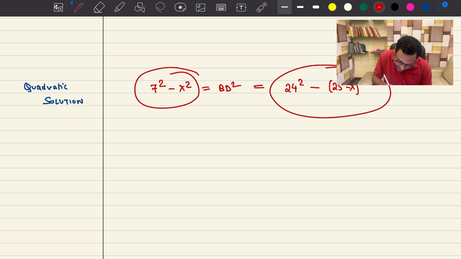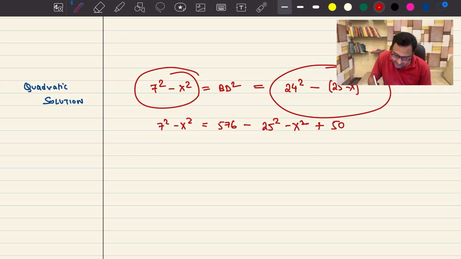So we have 7 square minus x square is equal to 576 minus 25 square minus x square plus 50x. So I just expanded this particular bracket, 25 minus x square. So now minus x square cancel off.